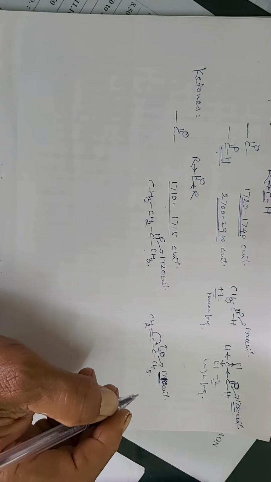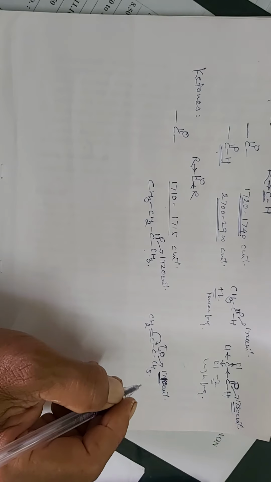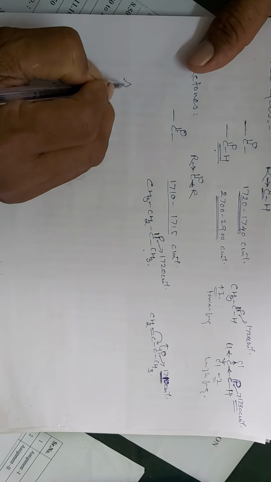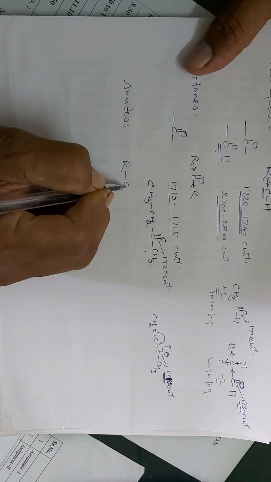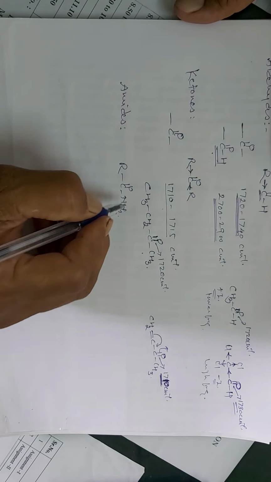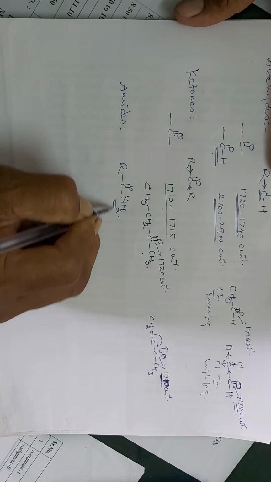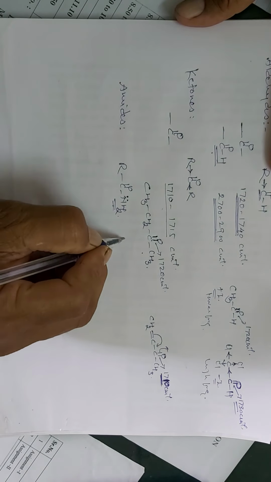In this way, these structural features will affect the absorption frequencies of different molecules. Then comes your amides, that is RCONH2. Here the amide contains an NH2 group, though it is basic in nature, the molecule is neutral.